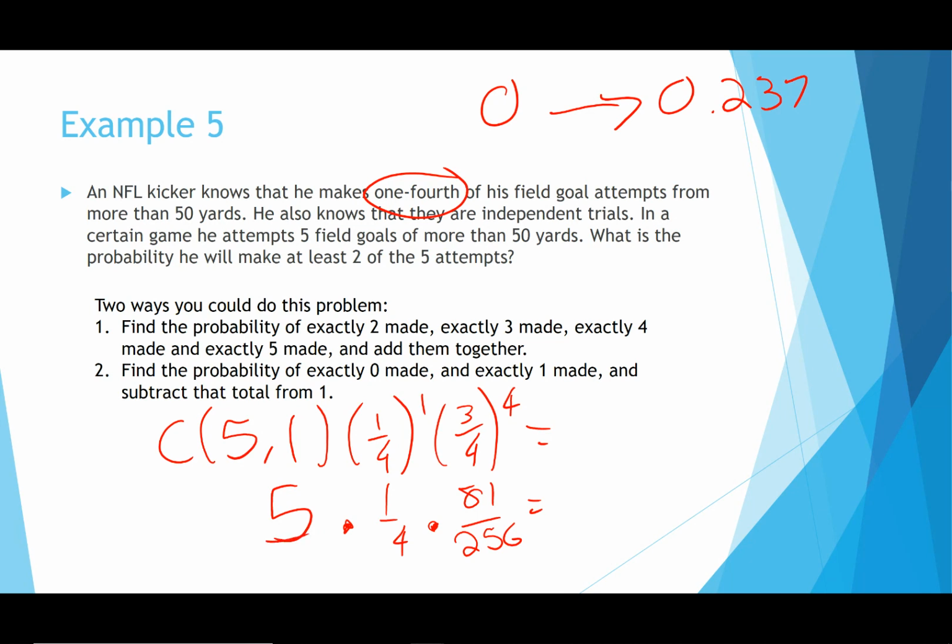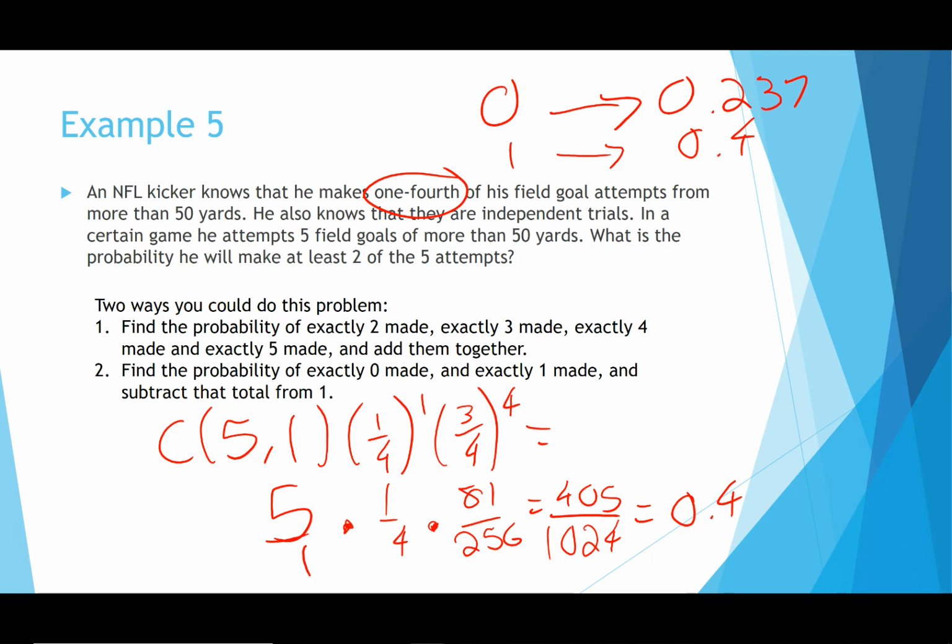So the probability, 5 times 1 times 81, is 405 on top, and then 1 times 4 times 256 is 1024. Again, I'm just going to write this as a decimal. 405 divided by 1024 is 0.395. I'm going to round that to basically 0.4. So the probability of him making exactly one kick is 0.4.